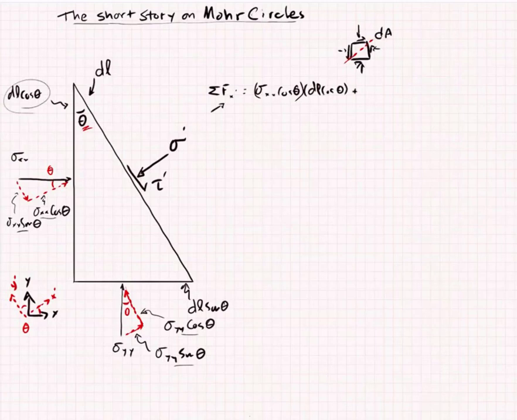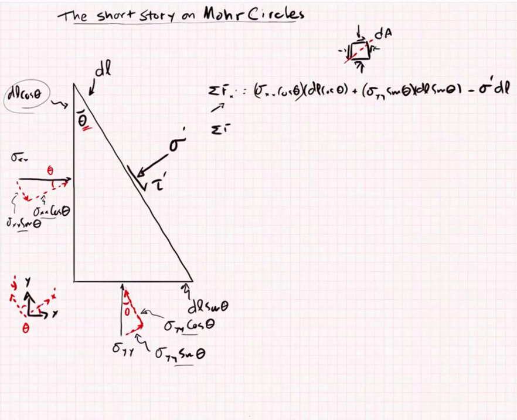And then I will add to that sigma yy sine theta, that's the component of sigma yy at the bottom acting in the x prime direction, and it's multiplied times its area, which is dl sine theta. And then finally, in opposition to those, I have sigma prime acting on the surface dl, and those all need to sum to 0.